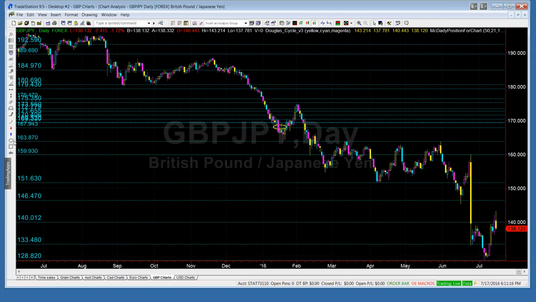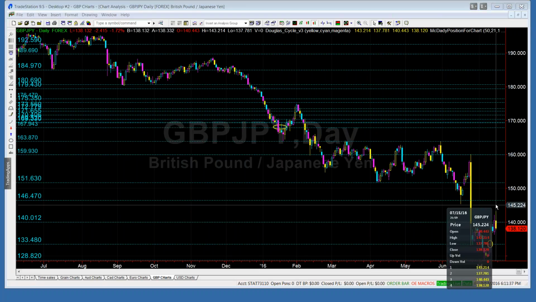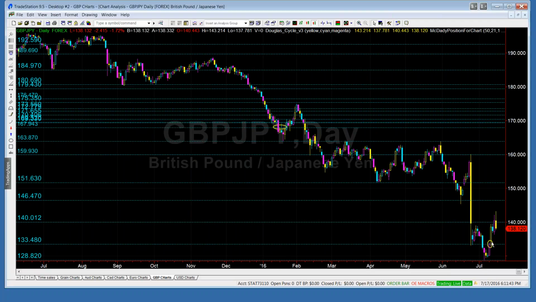So this was the buying point at the low of this yellow candle, and the target, if you will, was 140.06. So this move is about 650 pips. As you can see, it went all the way up to 143. So it passed the target by 300 pips. So this move is about 1,000 pips.